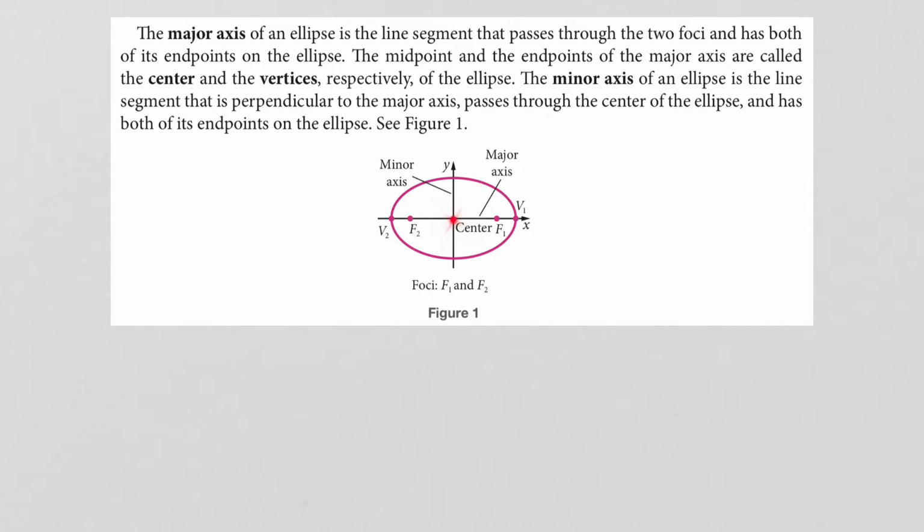Here we have the center of the ellipse, and this longer line that connects the two sides of the ellipse is what we call the major axis. This shorter line here is called the minor axis. The major and minor axes are perpendicular to each other. And the foci, the two given fixed points in the beginning, always lie on the major axis.